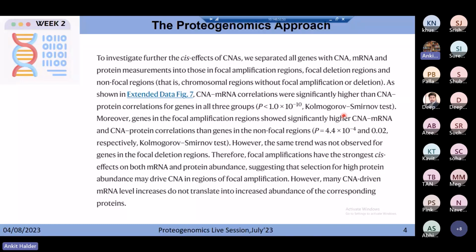All these results show us the need for utilizing and combining both these technologies to get a holistic picture of the molecular level alterations, how they are happening and what the actual effects are.